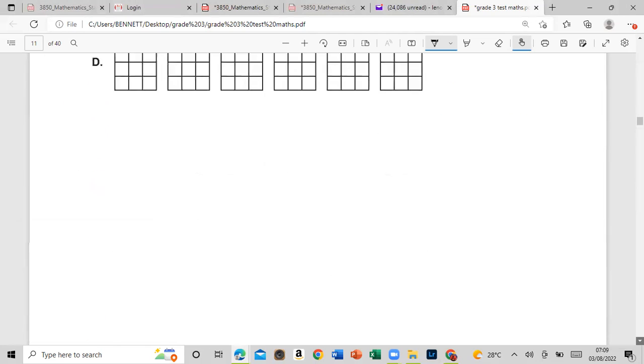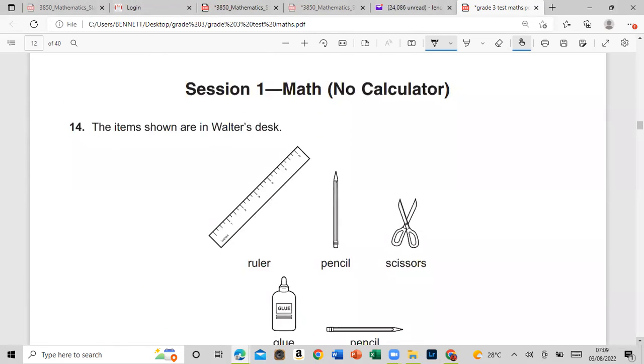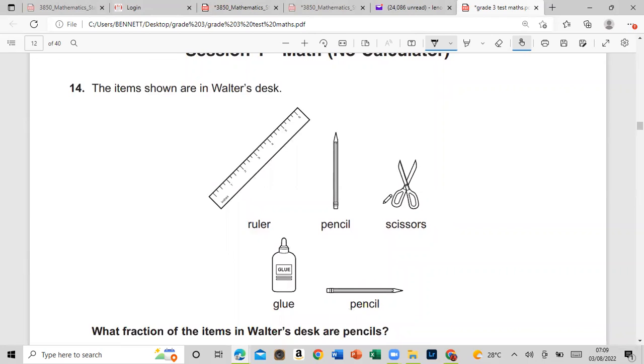Number 14. The items shown are on Walter's desk. What fraction of the items on Walter's desk are pencils? Now, this question is a bit faulty because in order for it to be a fraction, all the values have to be the same. However, you kind of know the idea what they want to try to say, right?